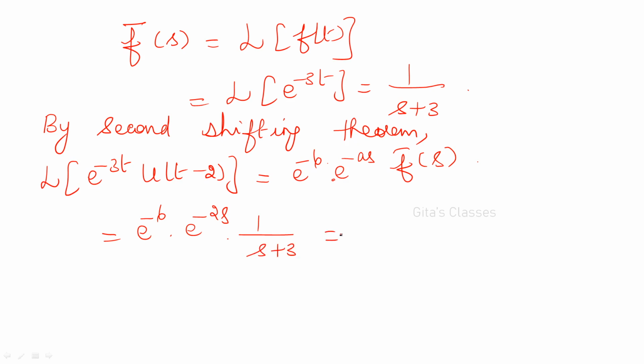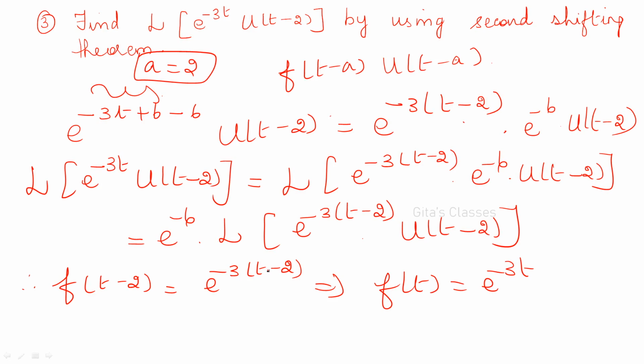Right? And here you can combine these two. So e power minus 2 into s plus 3. Right? E power minus 2s, e power minus 6 divided by s plus 3. This is the answer.